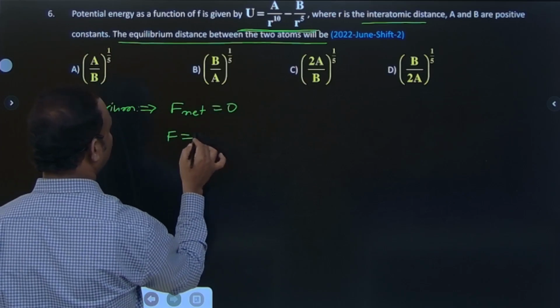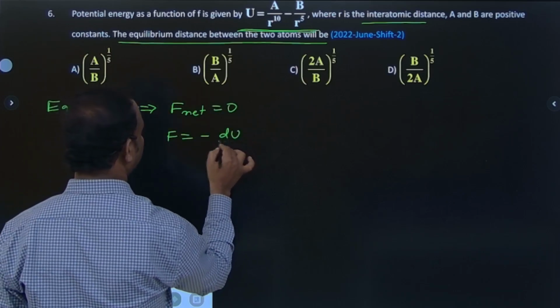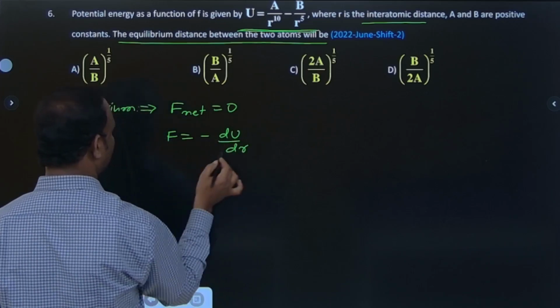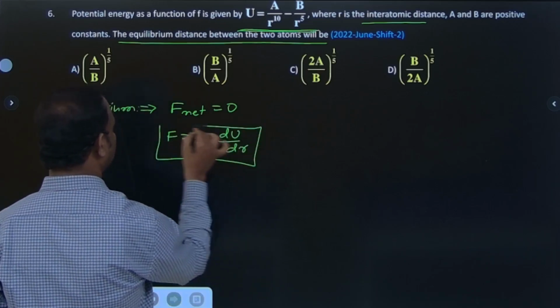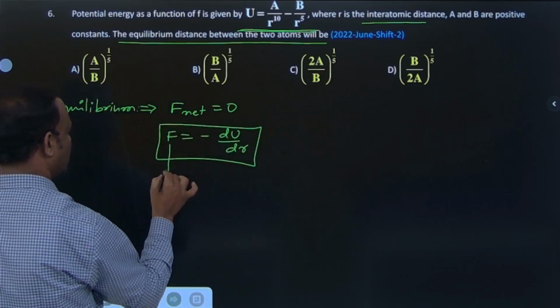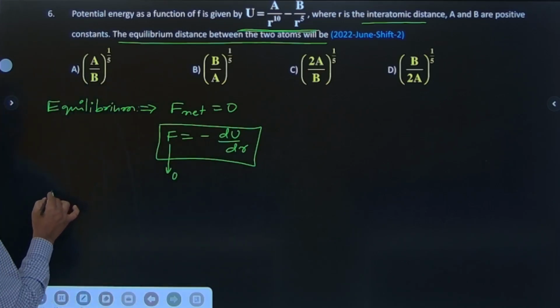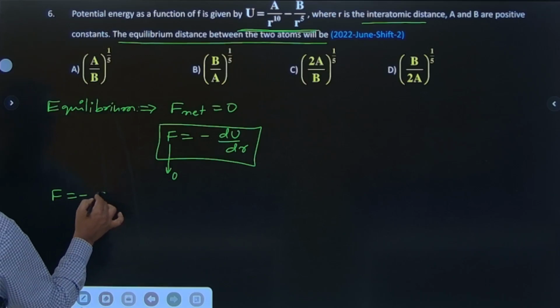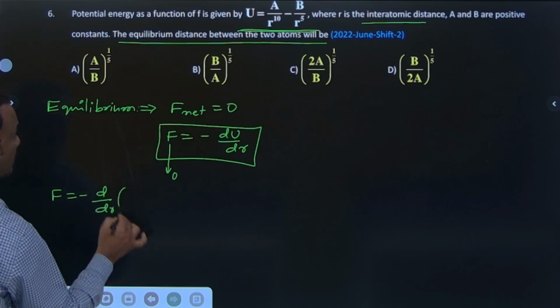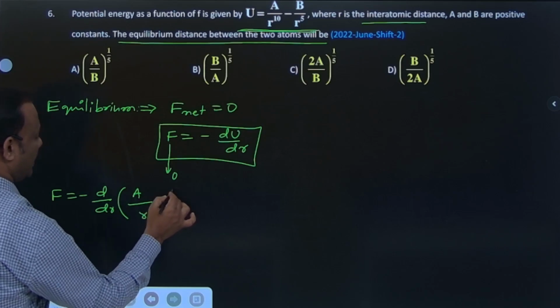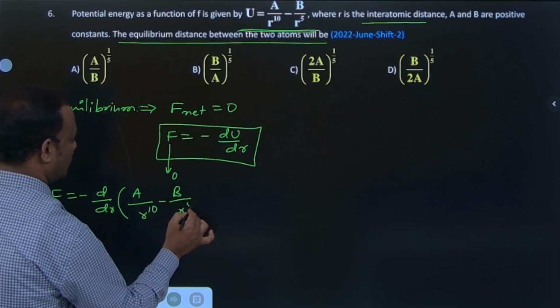F net means F is equal to minus dU by dr. So F is equal to minus dU by dr, and this F is equal to 0. So F is equal to minus d by dr times A by r to the power of 10 minus B by r to the power of 5.